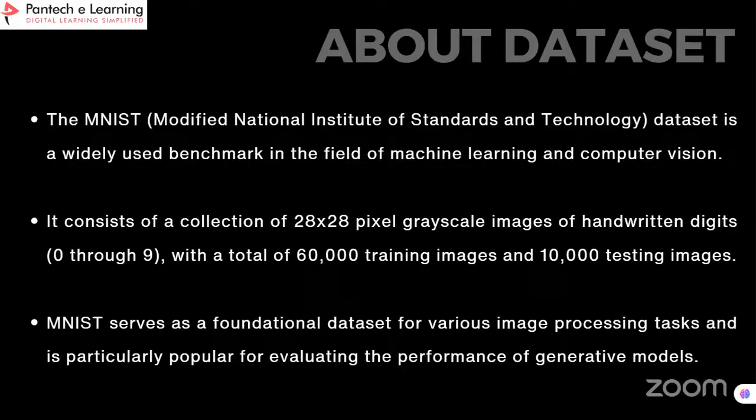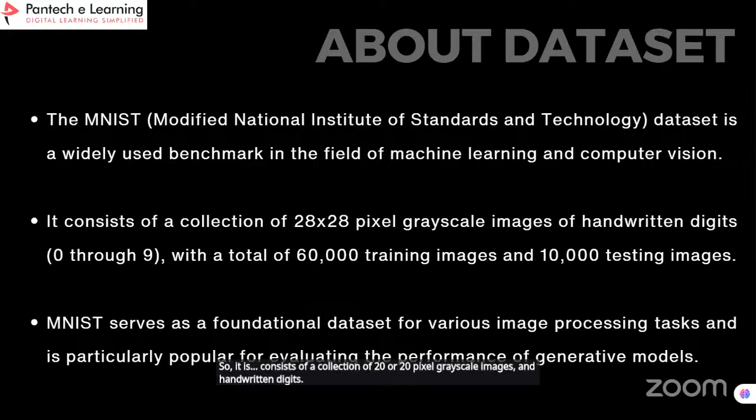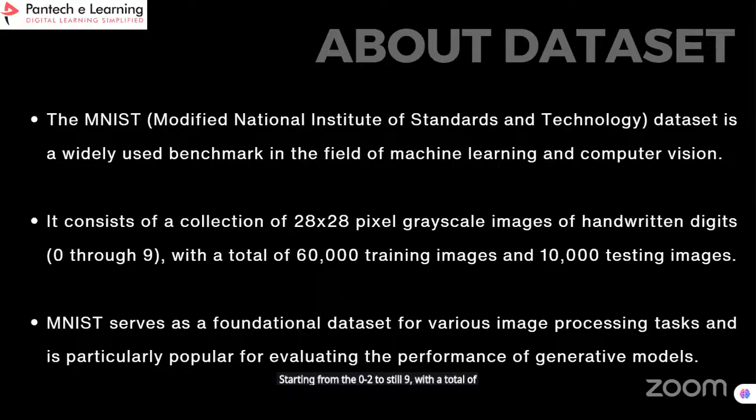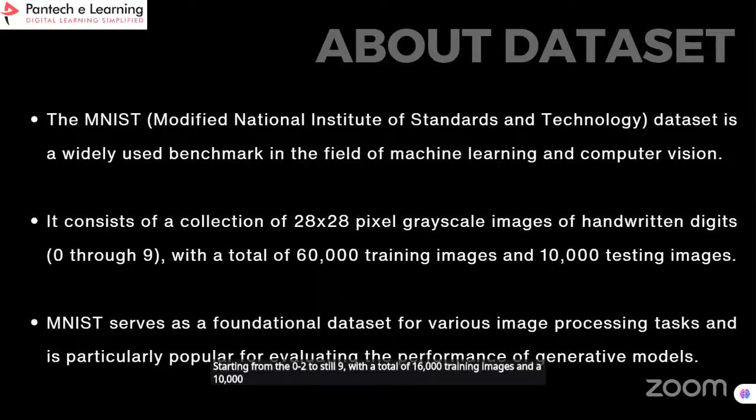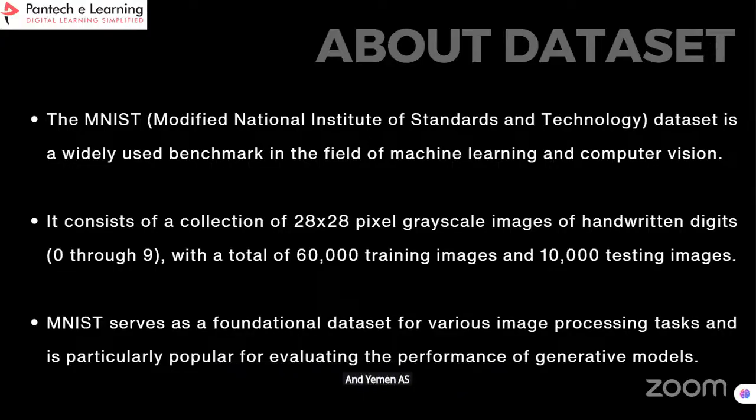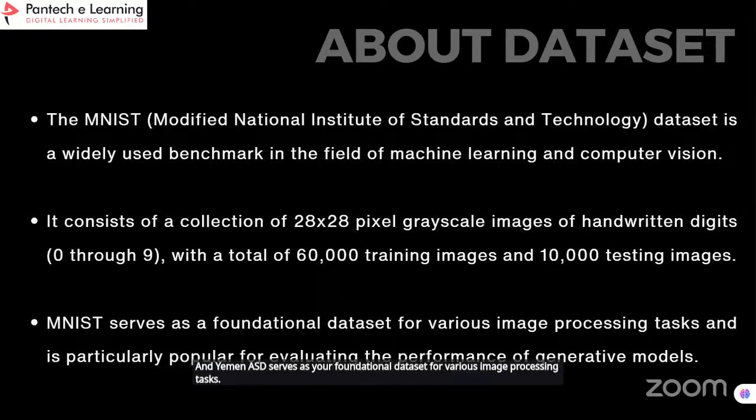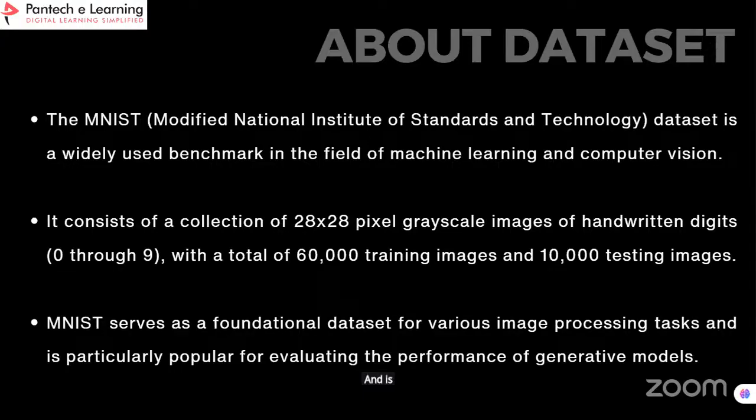It consists of a collection of 28 by 28 pixel grayscale images of handwritten digits from 0 through 9, with a total of 60,000 training images and 10,000 testing images. MNIST serves as a foundational dataset for various image processing tasks and is particularly popular for evaluating the performance of generative models.